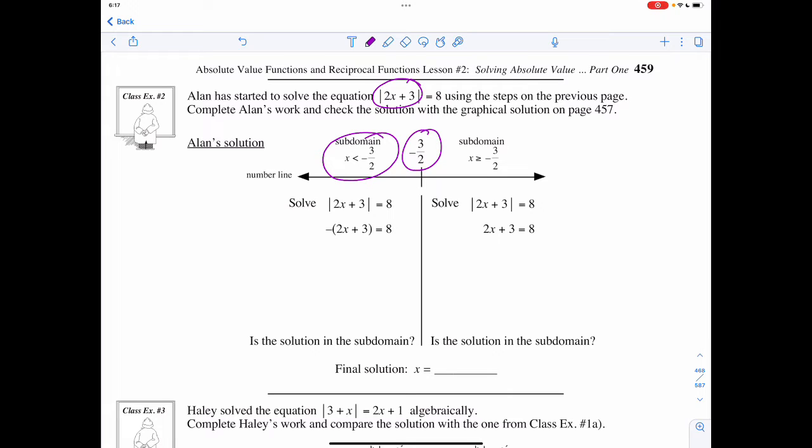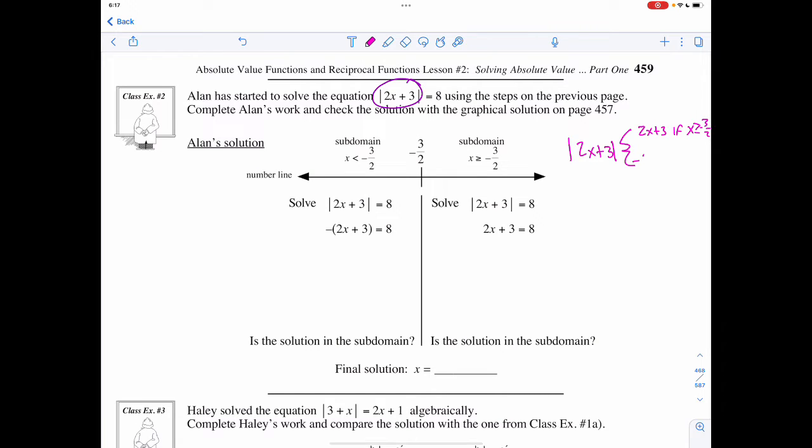Now, we also know because of the piecewise function that the absolute value of 2x plus 3 would be the original form, 2x plus 3, if x is greater than or equal to negative 3 over 2.